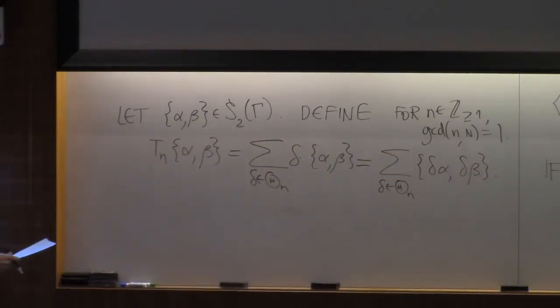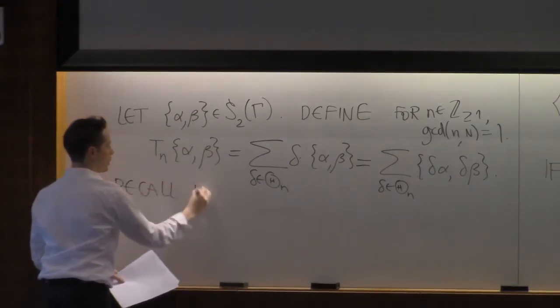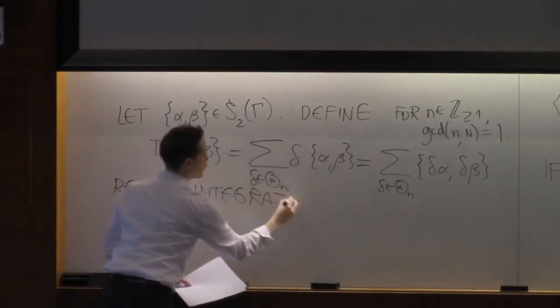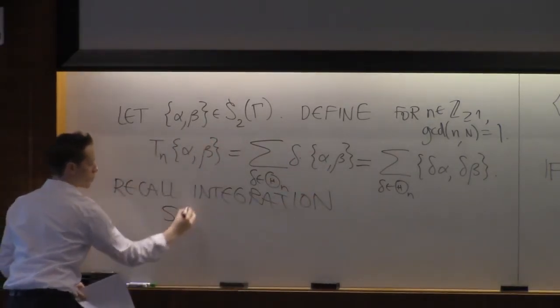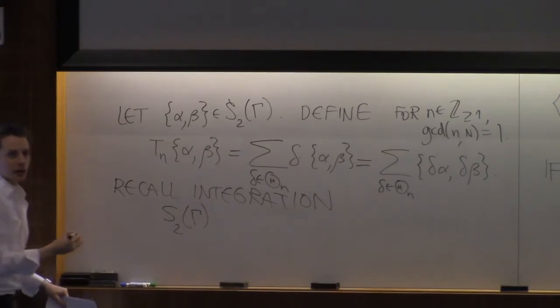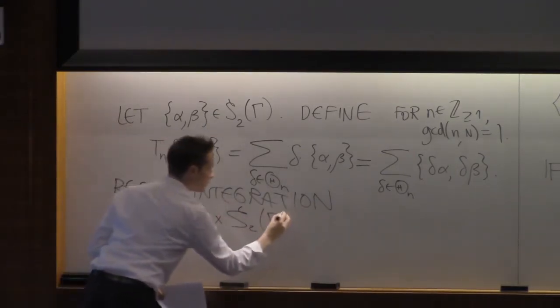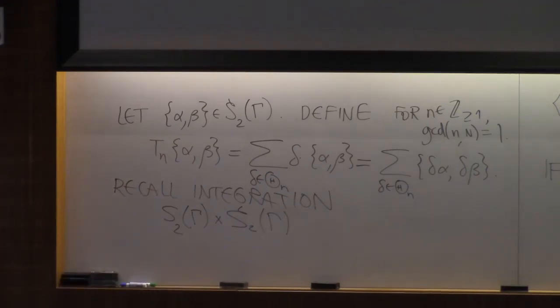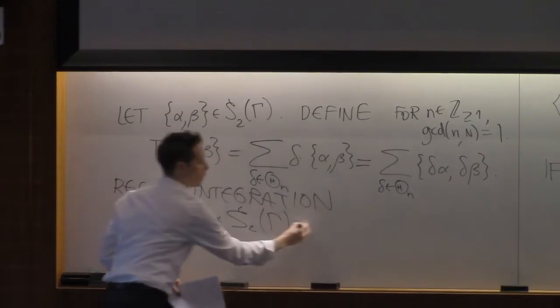Okay, so maybe we should recall integration, because that's the relationship between modular forms and modular symbols. So if I take my Roman S2 of gamma and my scripty S2, that's not a zeta, just getting excited, I can integrate one with respect to the other and get a complex number.